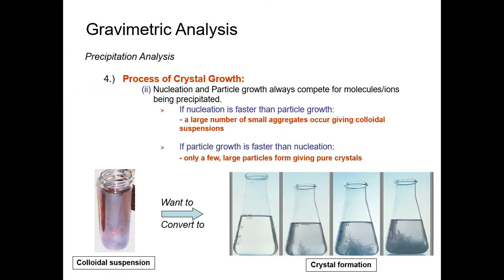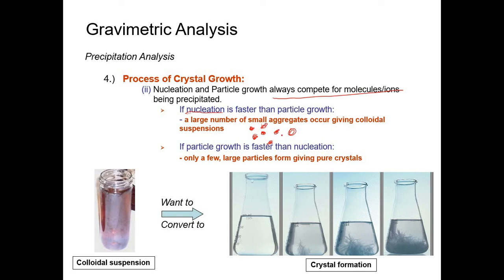Nucleation and particle growth always compete for the molecules or ions being precipitated. If nucleation is faster compared to particle growth, you will have more small aggregates, which will give you colloidal suspensions.